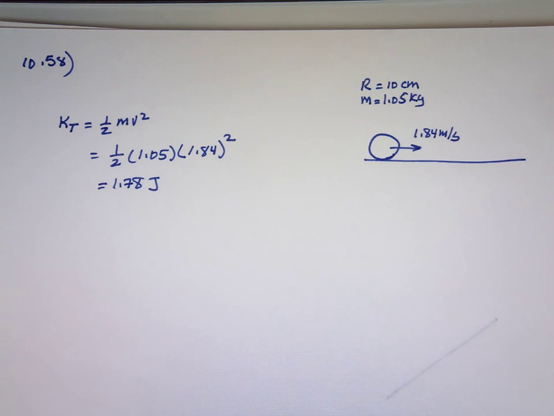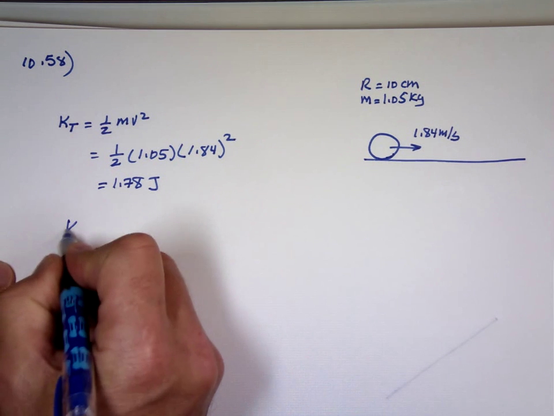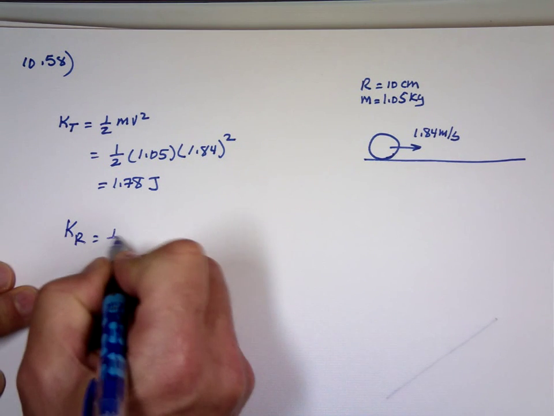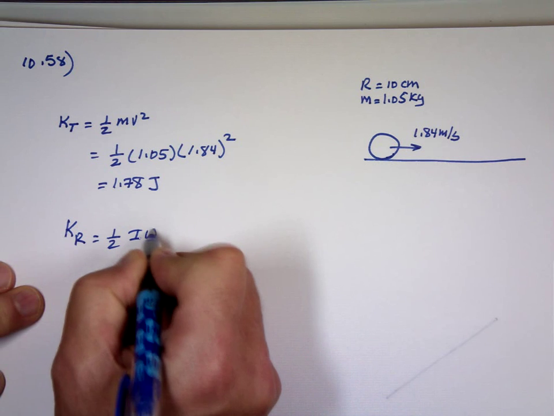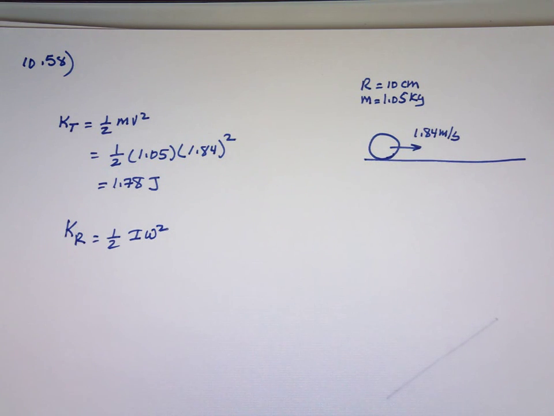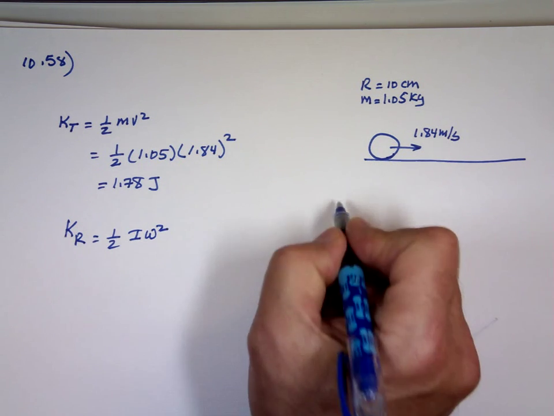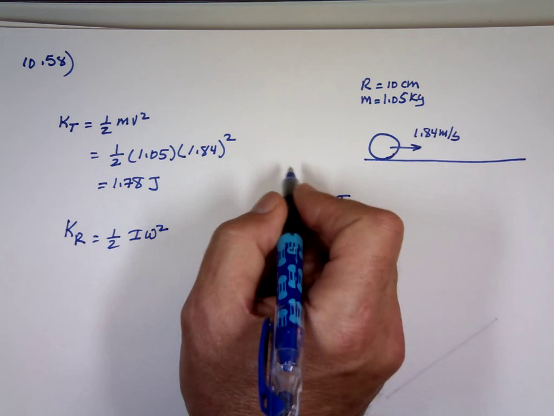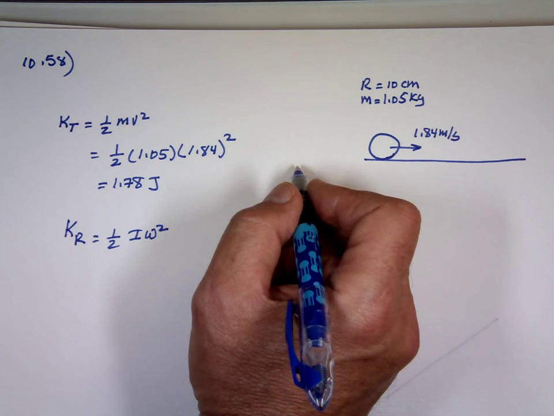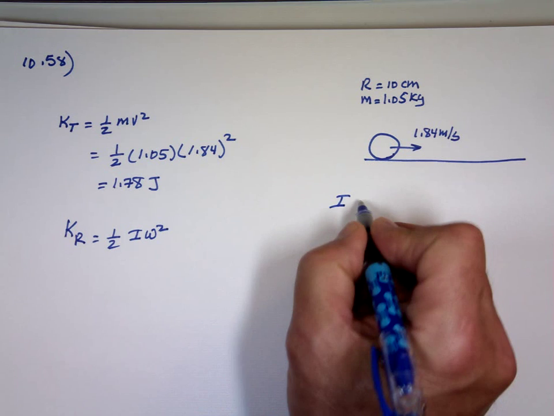The rotational kinetic energy is 1/2 I W squared. I need to get what I is. It's a ring here, it's a loop there. An I for a ring spinning around the center is mr squared, from the chart.